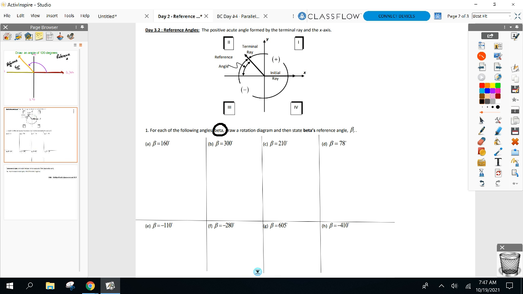It's the angle measure. We're going to draw a diagram just like we did yesterday, and then you guys are going to help me find its reference angle. So I have an angle of 160 right now. Just draw the 160 for me. This is practice from yesterday.